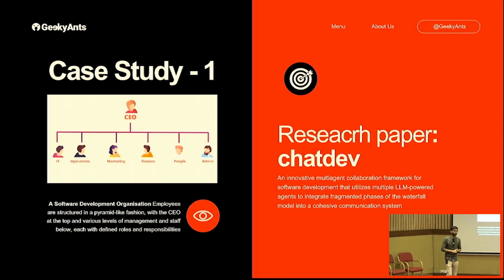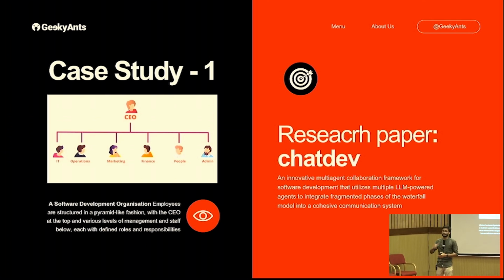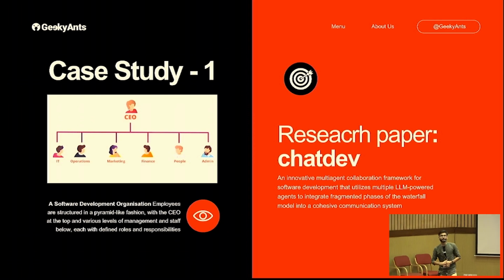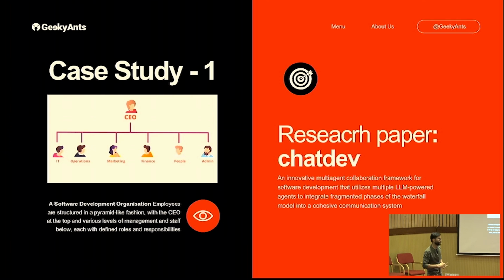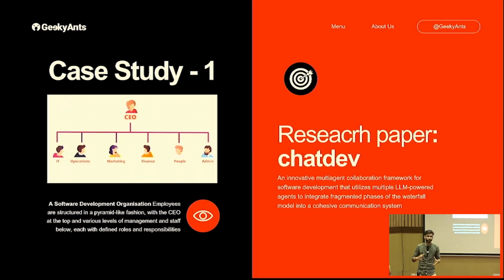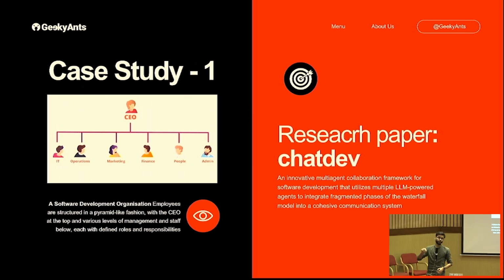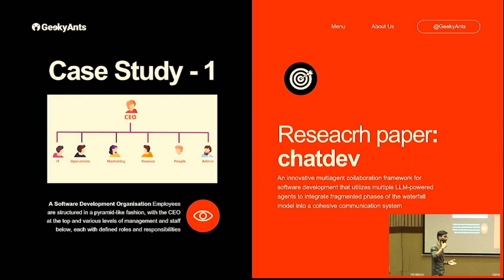And in 2024, after GPT boosts and all these kinds of things happened in AI, there came this research paper called ChatDev. So what they did was they took a lot of LLMs, they assigned each of them a task, they assigned how the output should look, how they should respond, and how they should interact with other LLMs.